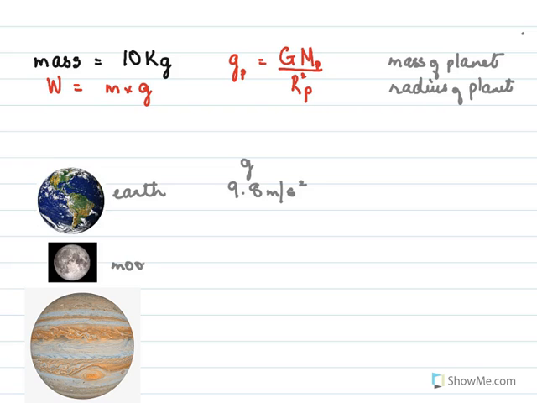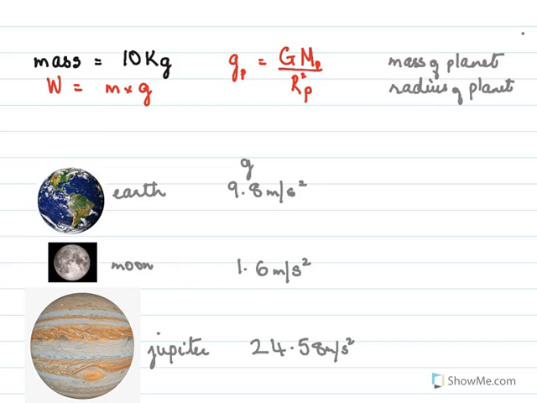On the Moon, since the Moon is smaller and its radius is also smaller, the acceleration due to gravity comes to 1.6 meter per second square. And at Jupiter, which is the largest planet, the acceleration due to gravity is 24.58 meter per second square, a huge acceleration due to gravity.